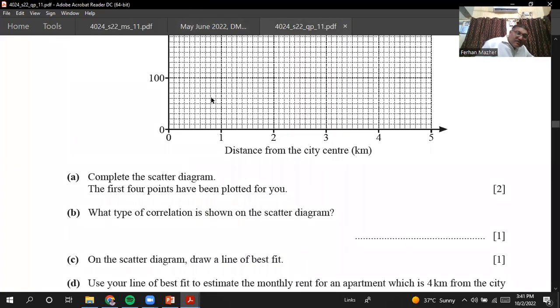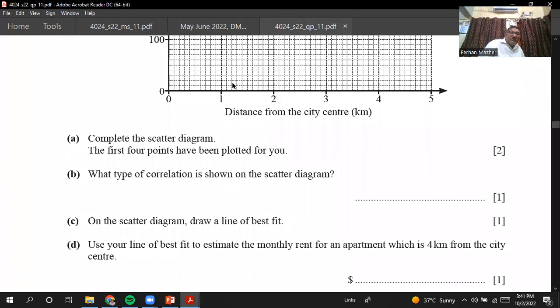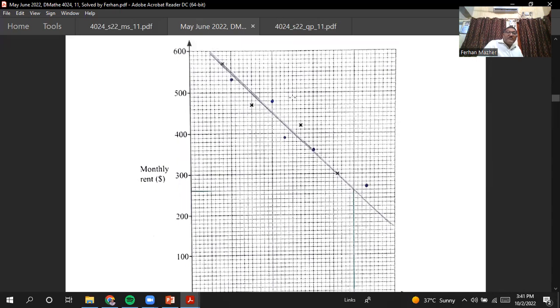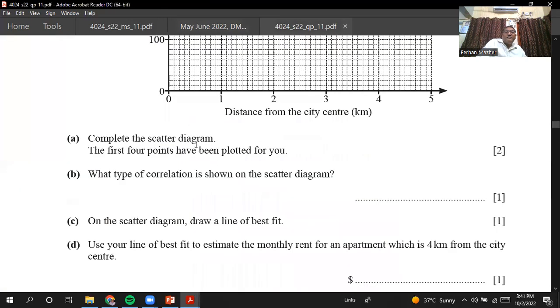And then what type of correlation is shown on the scatter diagram? This correlation is called negative correlation, because as you go to the right, the graph is going downward, so it's a negative correlation. Its slope is negative.